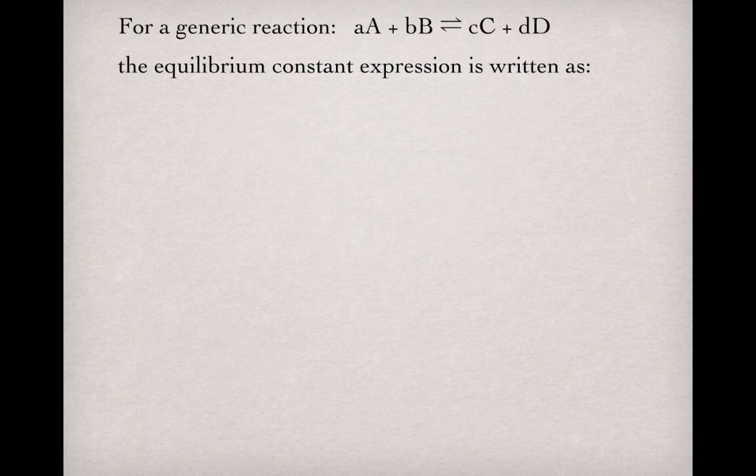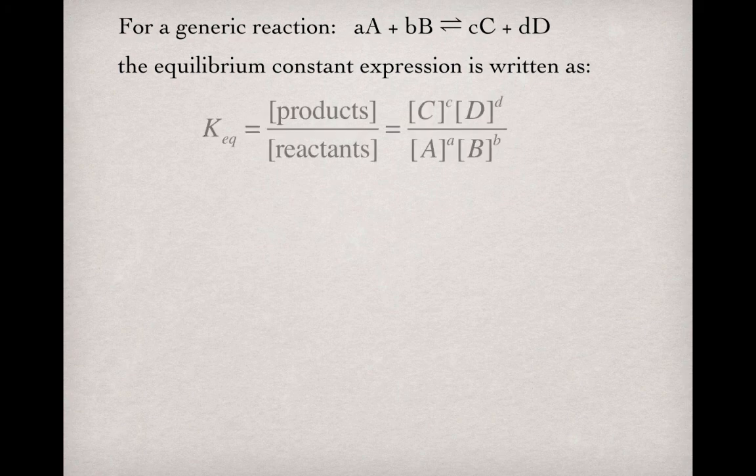Let's look at a little bit more complicated reaction here. It's still generic. So we have aA plus bB going to cC plus dD, and our small a, b, c, and d are just our stoichiometric coefficients from the balanced reaction. So for a balanced reaction, we can write our equilibrium constant expression directly, which is very much different from what we learned in kinetics. But for equilibrium, we can do this.